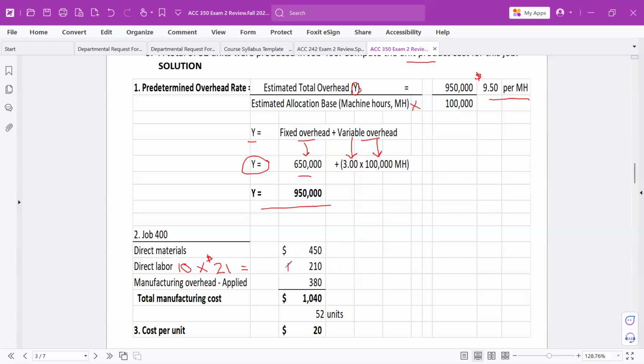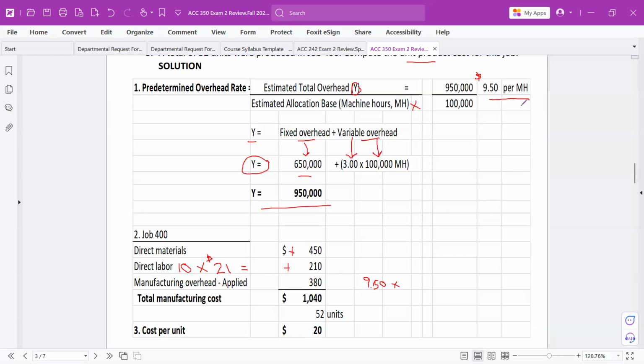We got to add in that labor. So the materials plus the labor plus the overhead. How do we get the overhead? Well, we apply that overhead based on the rate of $9.50 times the allocation base, the actual activity.